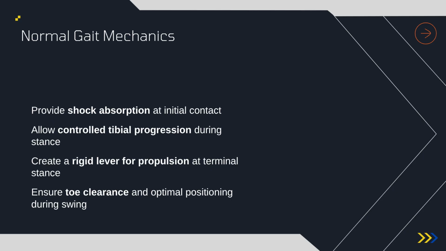During mid-stance, the ground reaction force shifts anterior to the ankle, creating an external dorsiflexion moment. This is controlled eccentrically by the gastrocsoleus complex, allowing the tibia to advance smoothly.